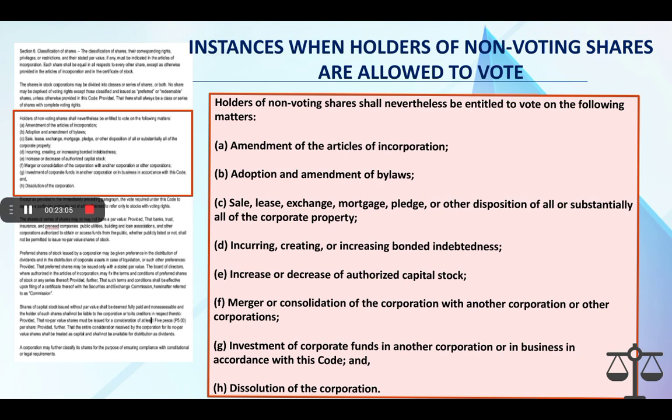six instances is kailangan ng vote ng owner or ng holder ng capital stock ng corporation. So, yung holder ng capital stock of corporation or yung outstanding shares ng corporation is composed of preferred shares and ordinary shares.